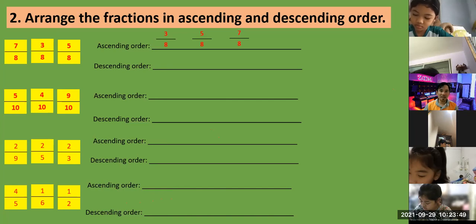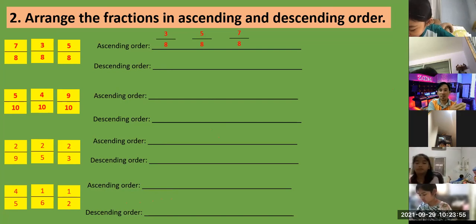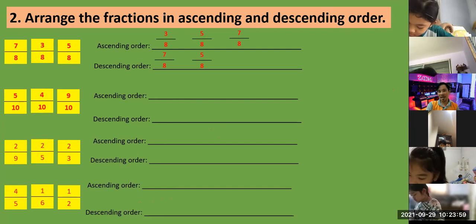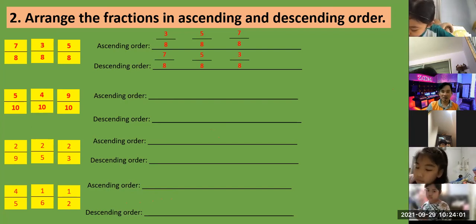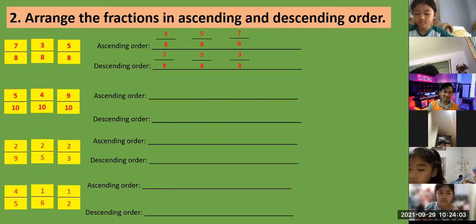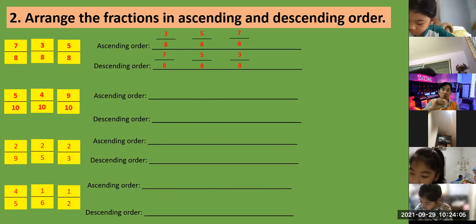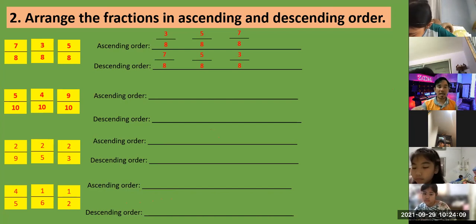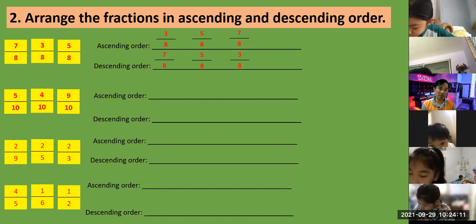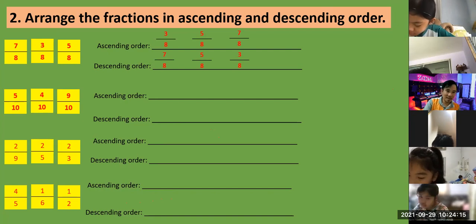So 3/8, then 5/8 and 7/8. Descending, we will just transfer: we start from 7/8, 5/8, and 3/8. It's easy to arrange fractions if they have the same denominator or the same numerator.